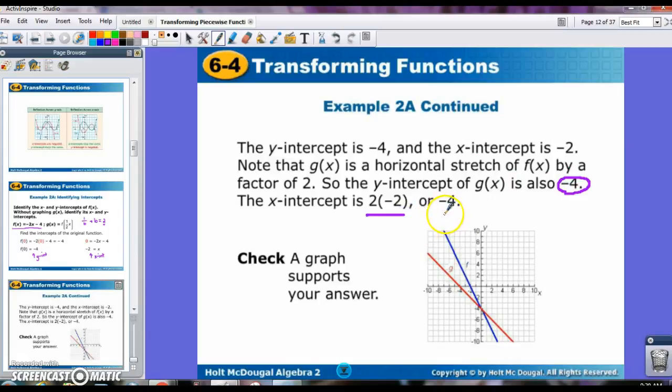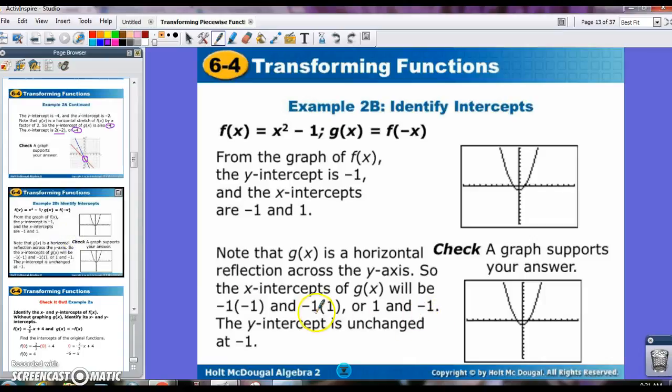Because I did a horizontal stretch by a factor of 2, I multiply that x-intercept by 2, and so now my x-intercept is negative 4. In the picture, the blue line was our starting line. After the horizontal stretch, it's pulled away from the y-axis, but notice my y-intercept didn't change.